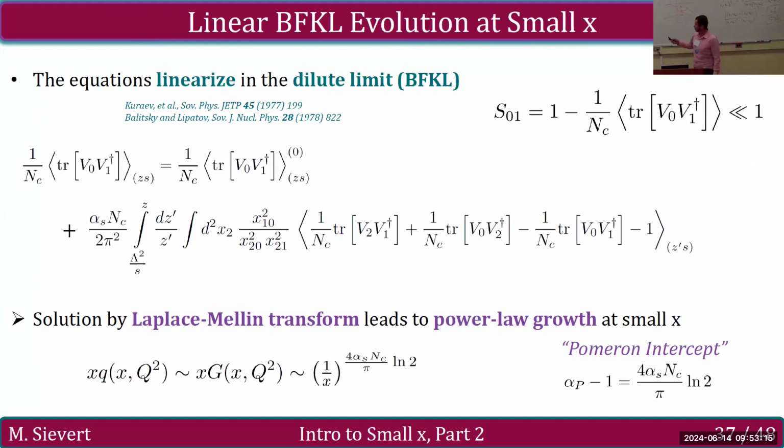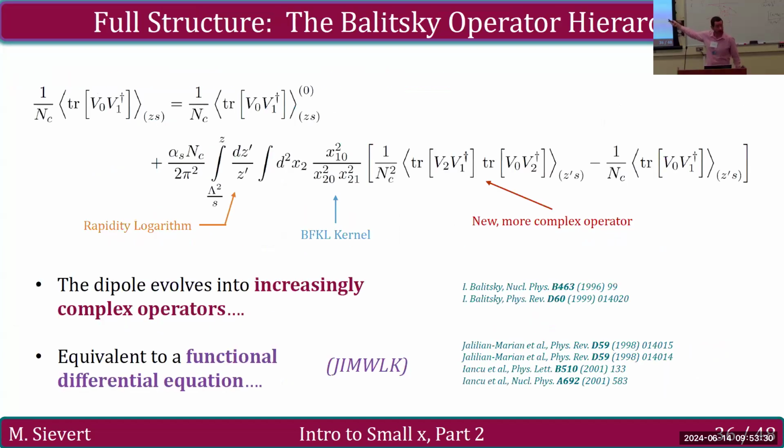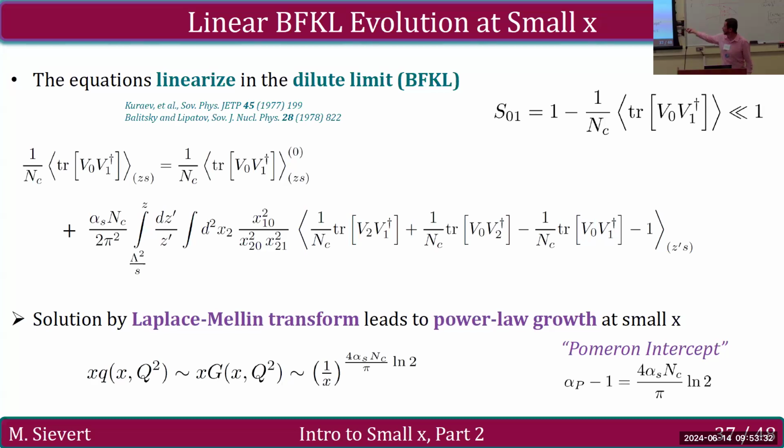If I try to solve this differential equation in the dilute limit, where my scattering amplitude is small, so my S matrix is small, then I essentially expand the product to linear order. And then I linearize the integrand. Now I just have dipoles and not infinitely more complicated operators appearing on the right-hand side. This equation is closed. It only depends on a dipole, and you can solve it by essentially a Laplace-Mellin transform.